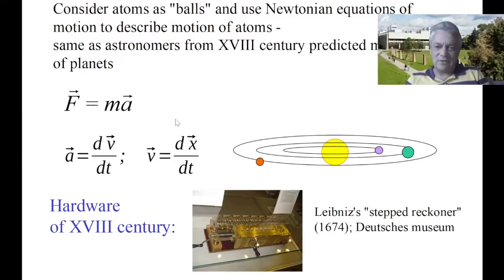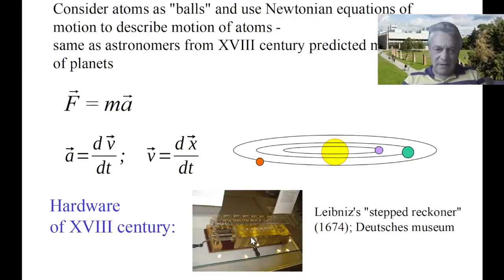And now we use this in the same way to compute and predict molecular motion as astronomers in the 18th century predicted the motion of planets. And that is just a picture of the hardware of an 18th century mechanical calculator. And of course, now we have much better hardware to do such computations.